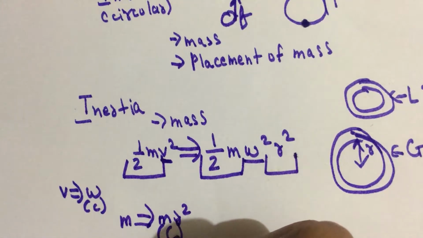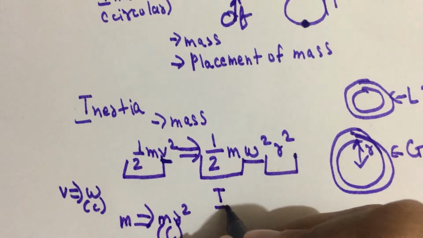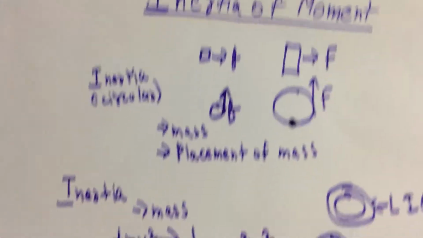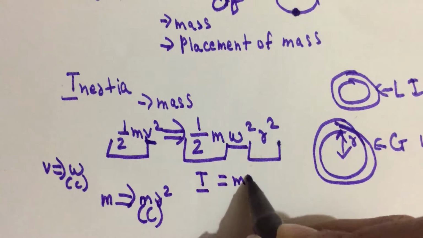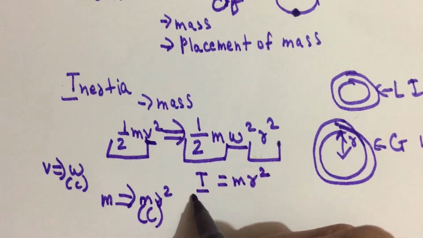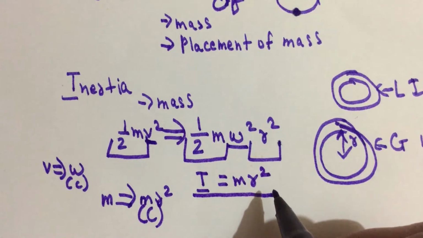That is the point. That is why we write I, or what is known as inertia of moment, is equal to mr square. It is simply the inertial equivalent of circular motion.